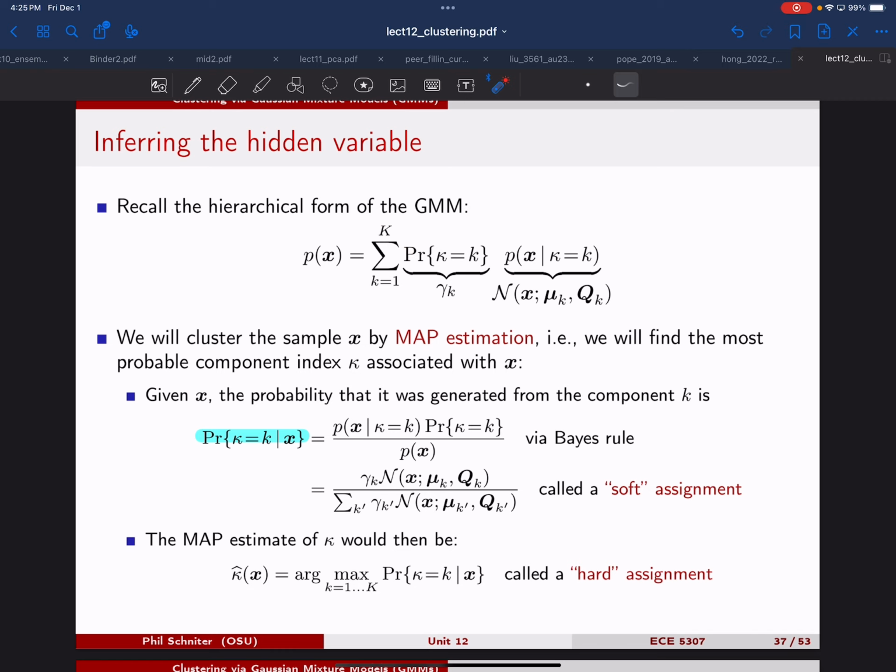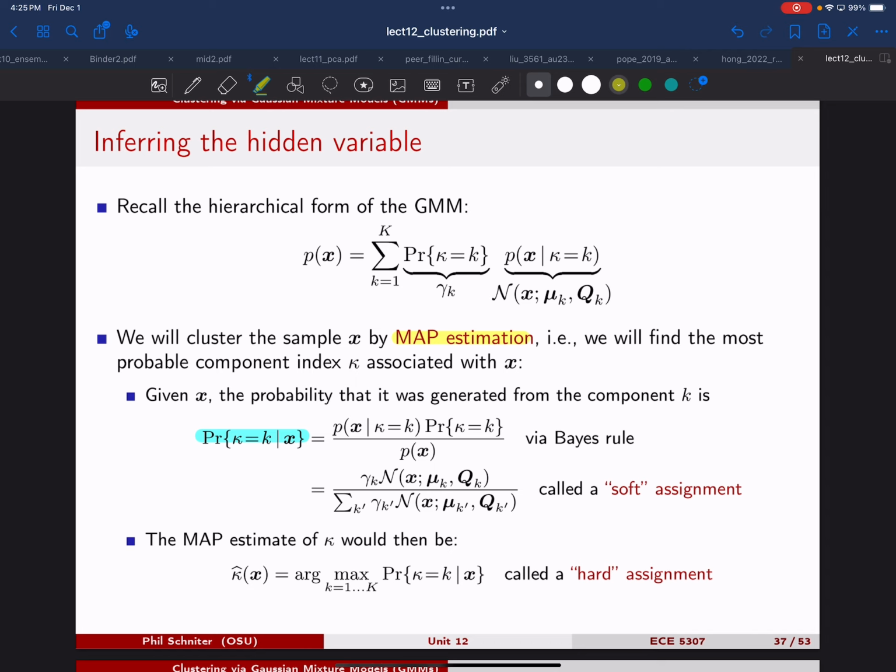Okay, so this new thing is going to be useful because it exposes the quantity we're trying to infer or predict. And we're going to use MAP estimation. We want to maximize the probability of kappa given x. So this is just an instance of MAP estimation, which we saw way back in Unit 4.